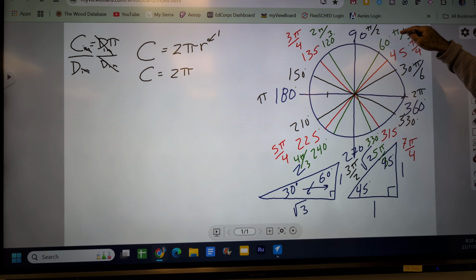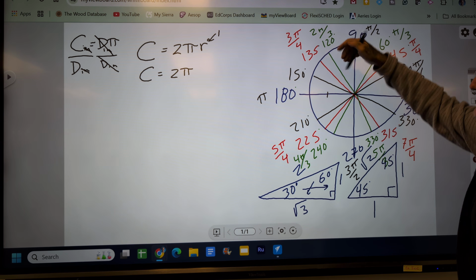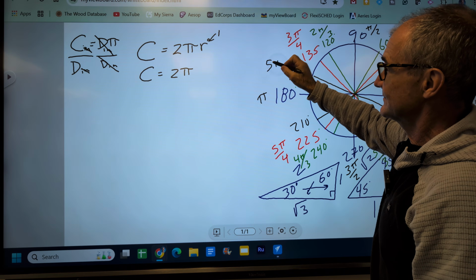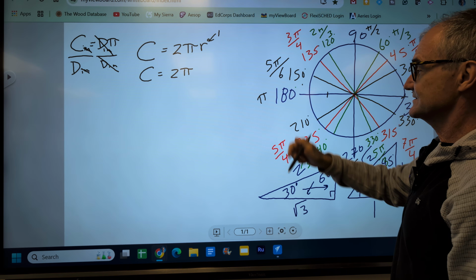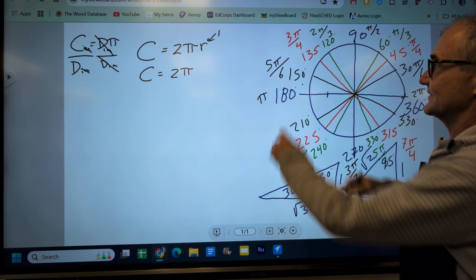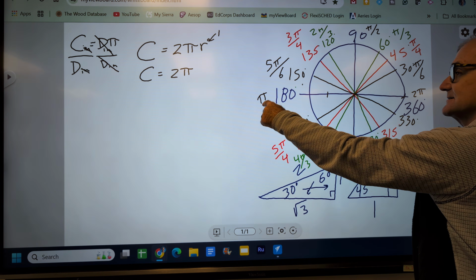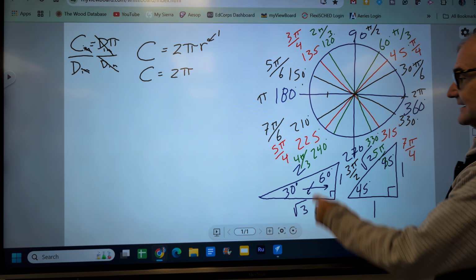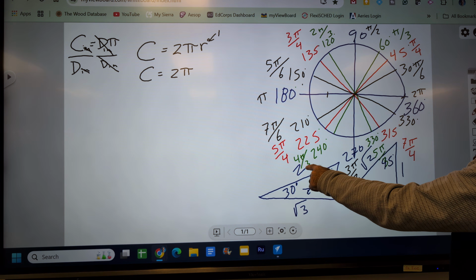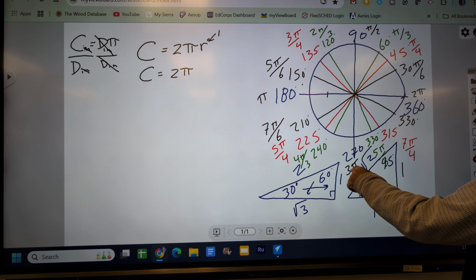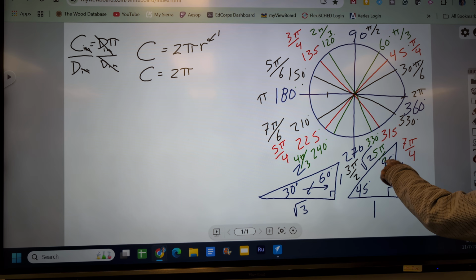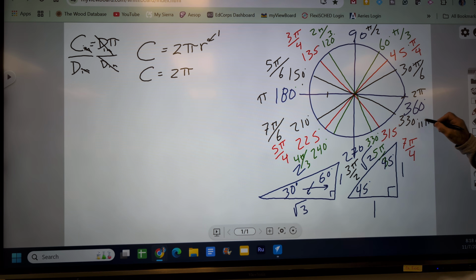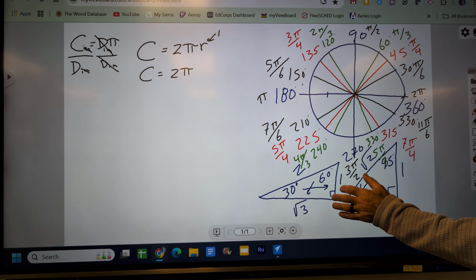This is 2/6, 3/6, 4/6, 5/6, 6/6, 7/6, 8/6, 9/6, 10/6, 11/6. So there's our unit circle in degrees and radians.